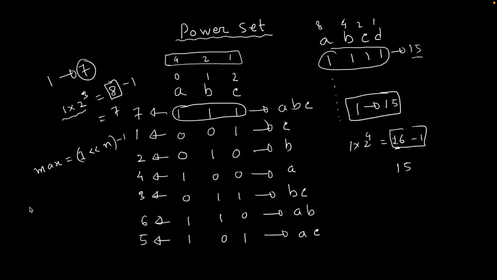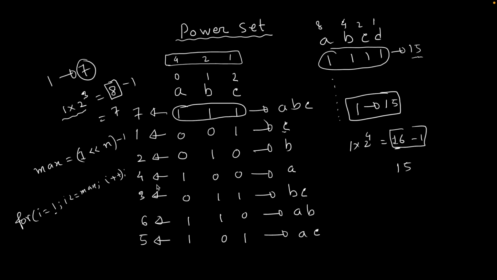Now if we run a loop for i equals 1, i less than or equal to max, i plus plus, then what will we get? First we'll get 1, and for 1 we will get C. We extract the character from our string.